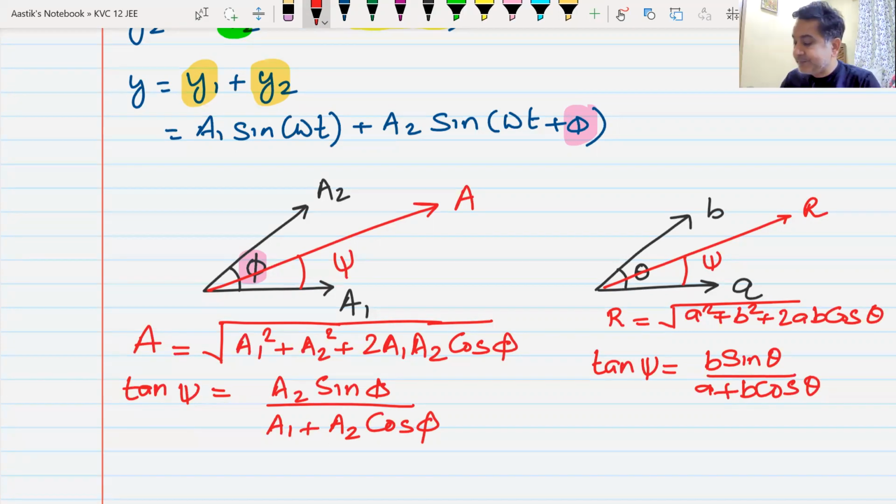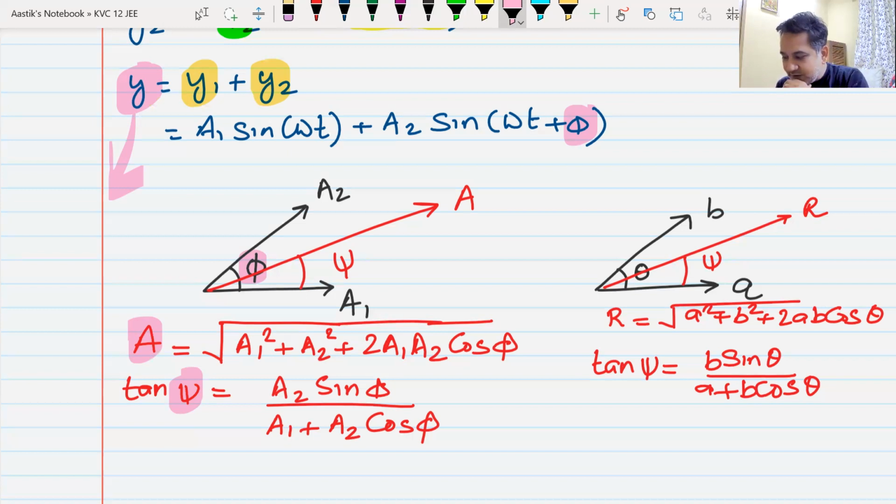But remember, I had to find out the value of this y. What is the resultant displacement y? That is what I had to find out. But what I have done instead is found this A and this xi. Remember, my task was to find out the value of y. Can anyone tell me what is y?